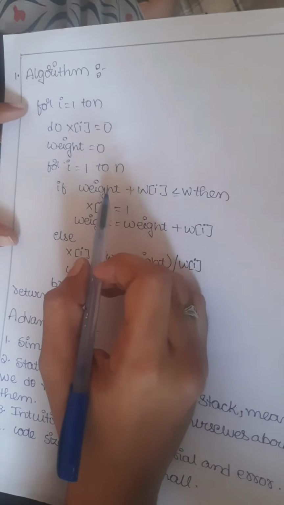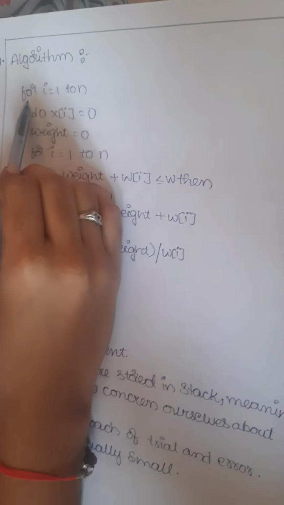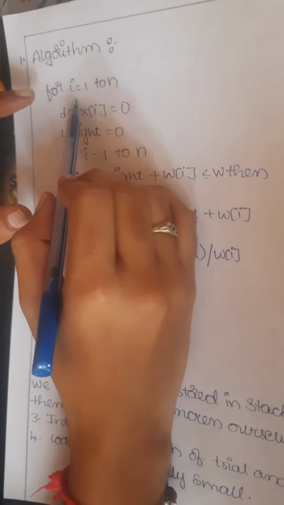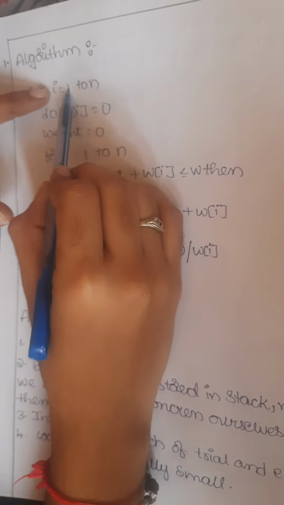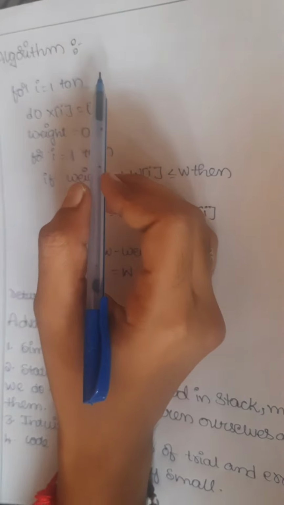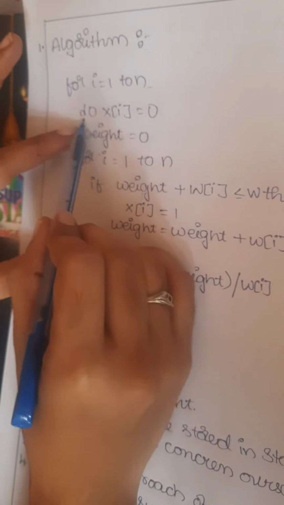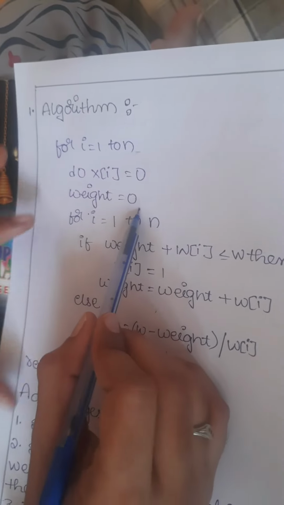For the knapsack greedy method, we have to use a for loop. Why are we using a for loop? Because we have to repeat the steps up to n times. Initially I take the i value 1 and we go up to the n value. The n value means the number of given objects. After that, set x of i and the weight to 0.